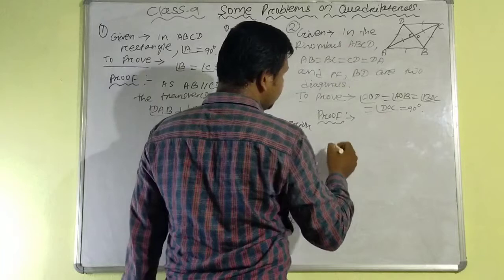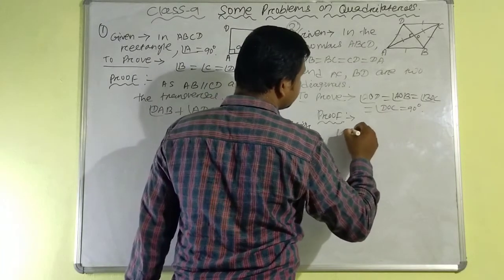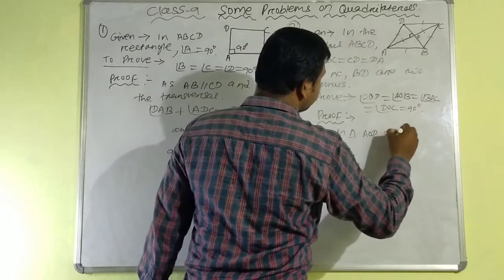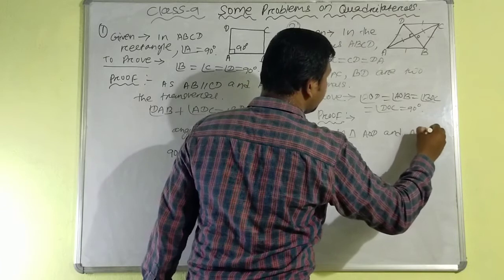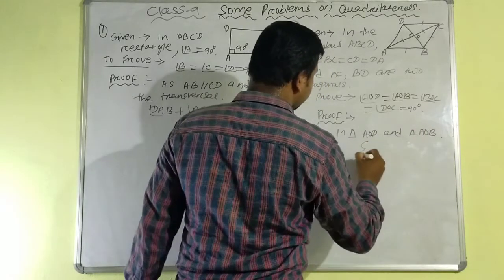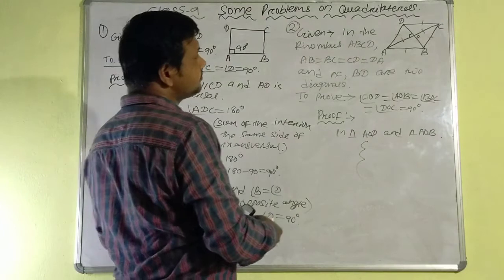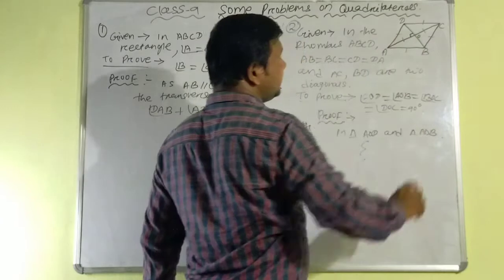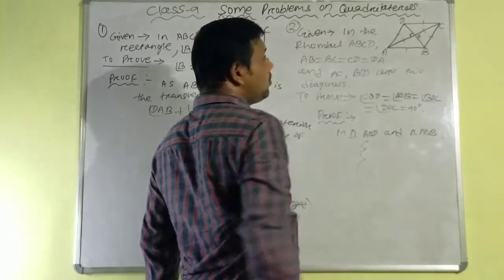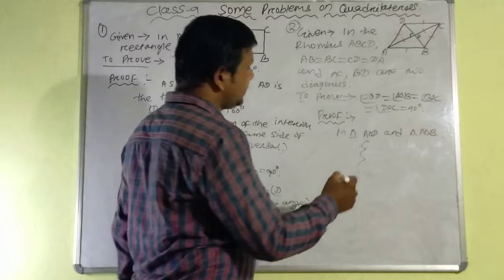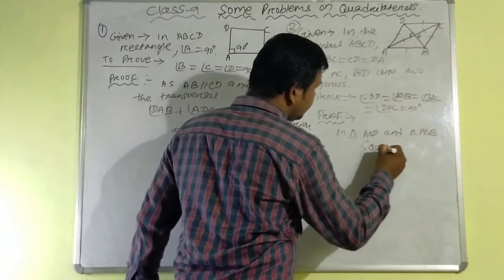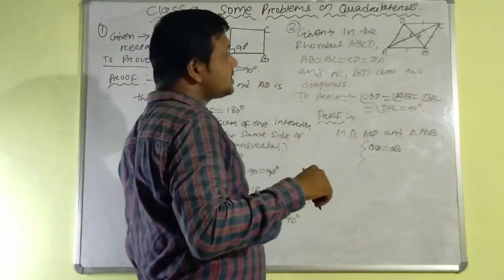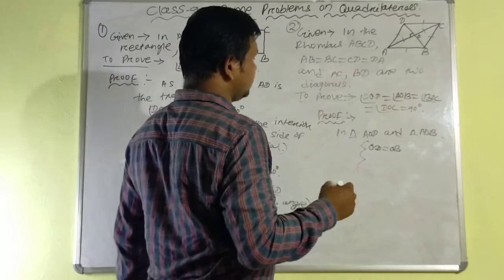Okay, now we will see in triangle AOD and triangle AOB. What are common here? You see, if you take AOD and AOB, we can say OD equal to OB, because the diagonals bisect each other.